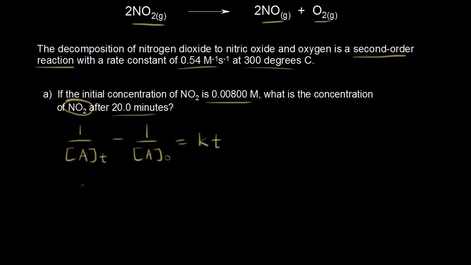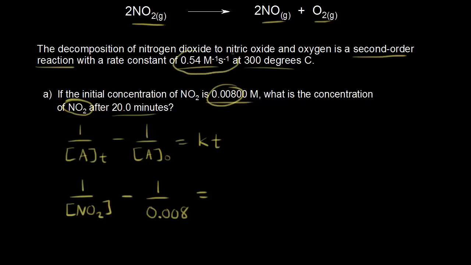So we're going to put in here 1 over the concentration of nitrogen dioxide at 20 minutes. All right, this would be minus 1 over the initial concentration of nitrogen dioxide, which is 0.008. So we plug that into here. So 1 over 0.008. This is equal to our rate constant, which is 0.54.